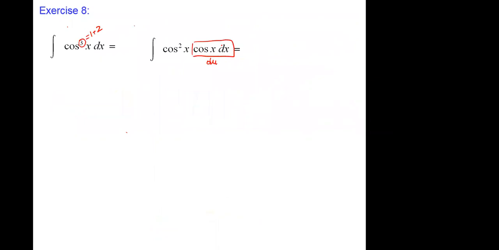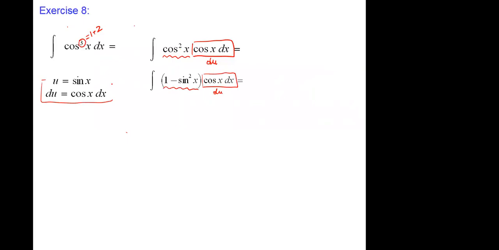saving to be du. If the cosine of x dx is du, then this part must be rewritten in terms of sine. Because I want the derivative to be cosine, then my u must be sine of x. U is sine of x.